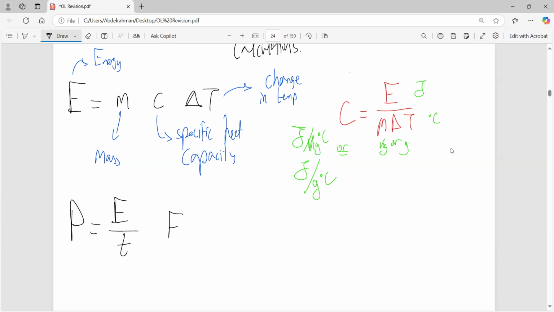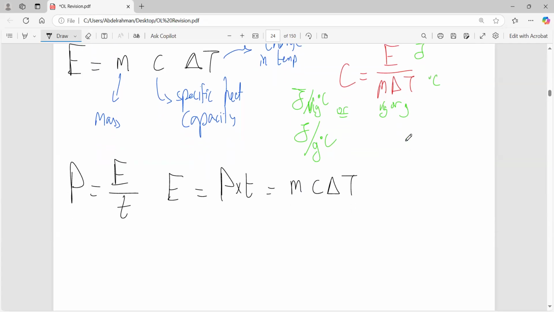So I can find the energy by saying power times time. Sometimes they tell you to find the power or the time taken. So power times time equals mc delta T. We can find the power as energy over time, or if I had voltage and current, the power equals IV.